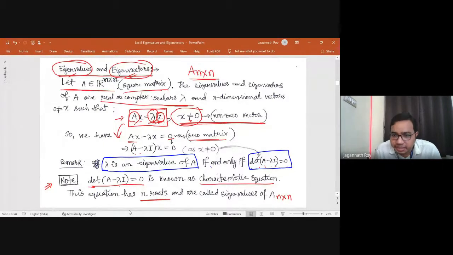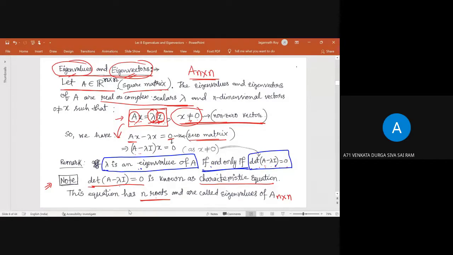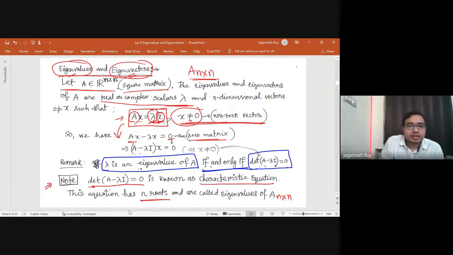Or if this determinant is 0, then lambda is an eigenvalue. This is the guarantee. This remark gives you the guarantee that lambda is an eigenvalue of A if this determinant is 0. In other words, if this determinant is 0, then lambda will be an eigenvalue of A.